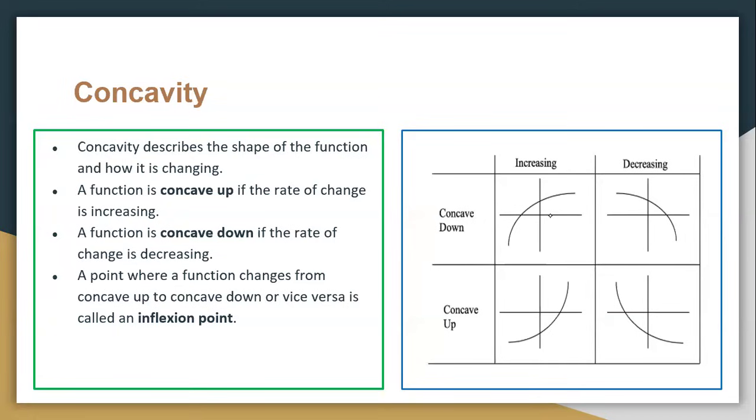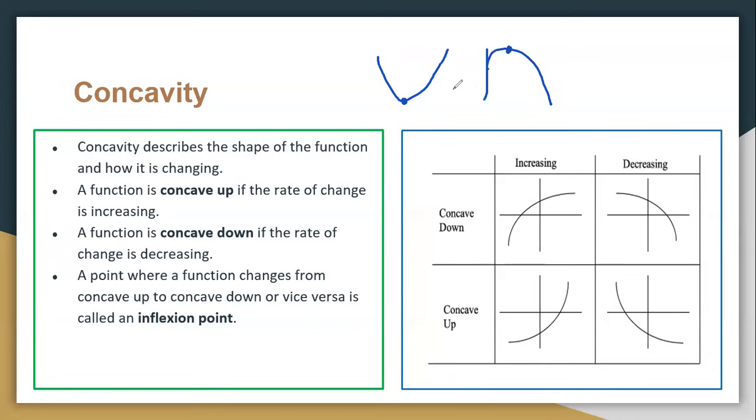Now, when we talk about a turning point, allow me to use a graph. A turning point is what we call the maximum or the minimum point. Like here, this is our minimum, and then this is our maximum.